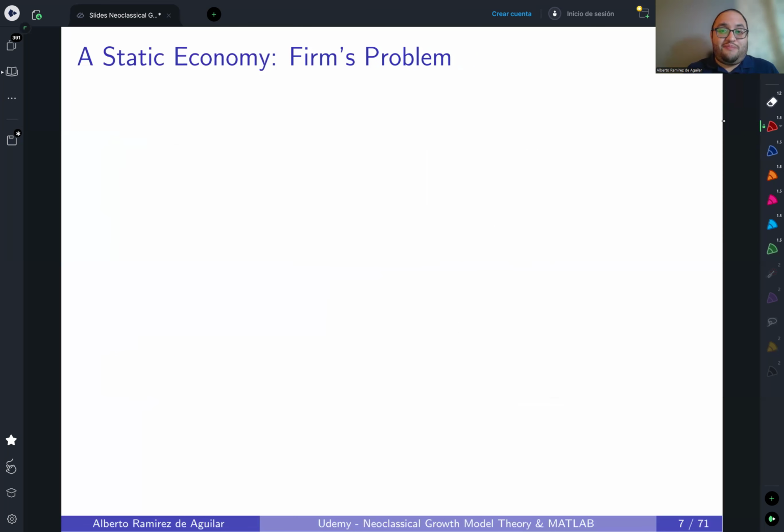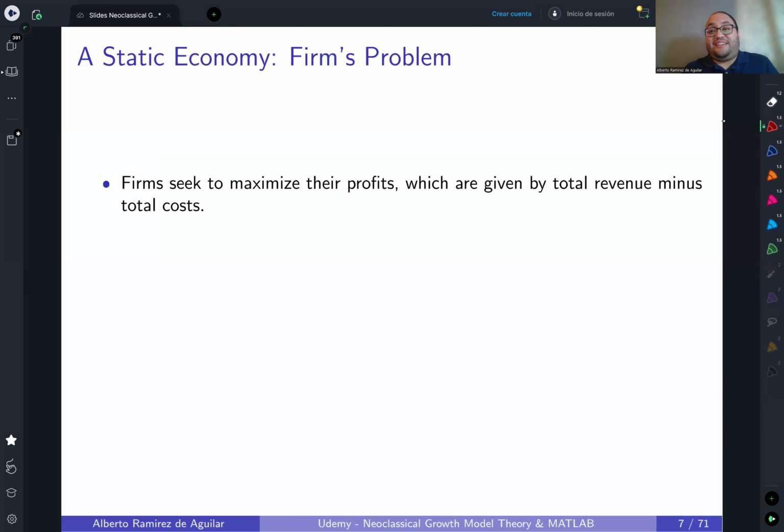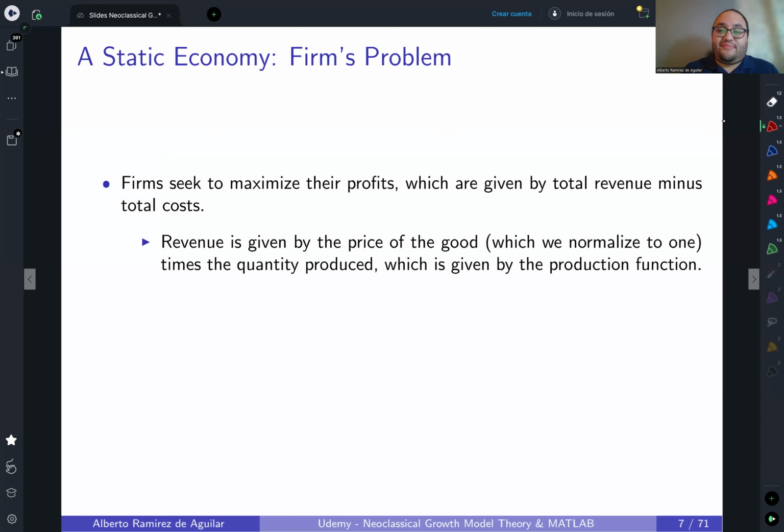The firm's problem is going to seek to maximize their profits. Okay. Now profits are going to be given by total revenue minus total costs. Revenue is going to be equal to how much money the firm earns due to the fact that they're selling the good.